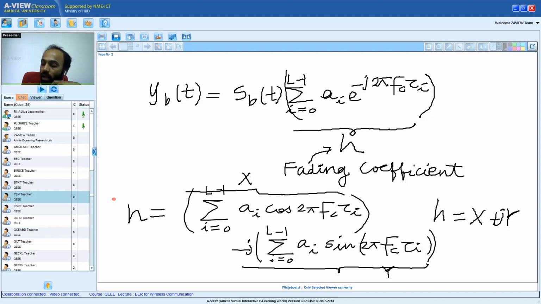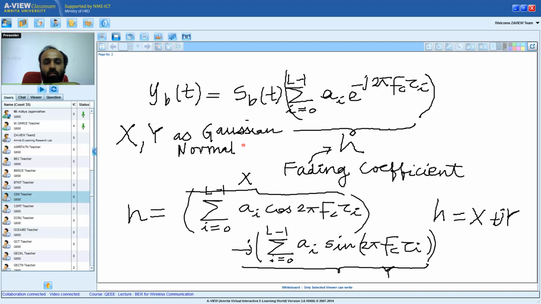So I am going to model x comma y as Gaussian or normal random variables. Everyone can see what I am writing? x and y are going to be modeled as Gaussian random variables.